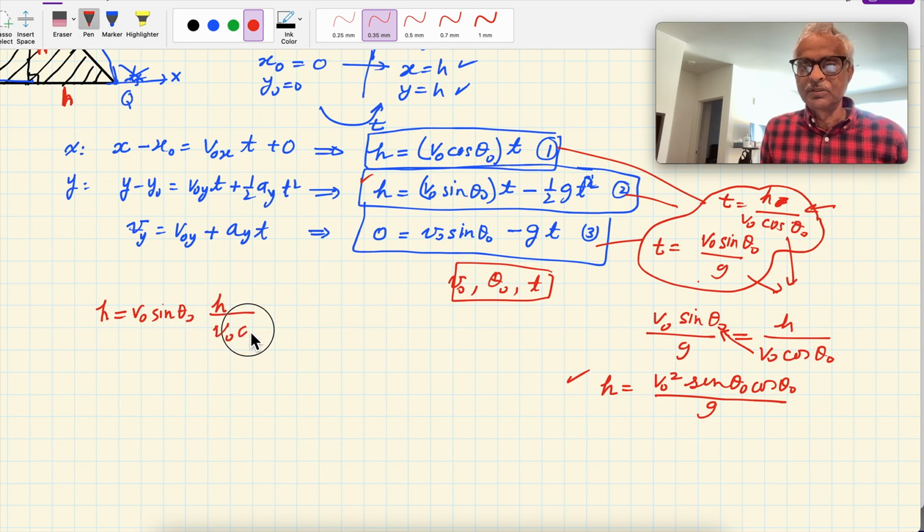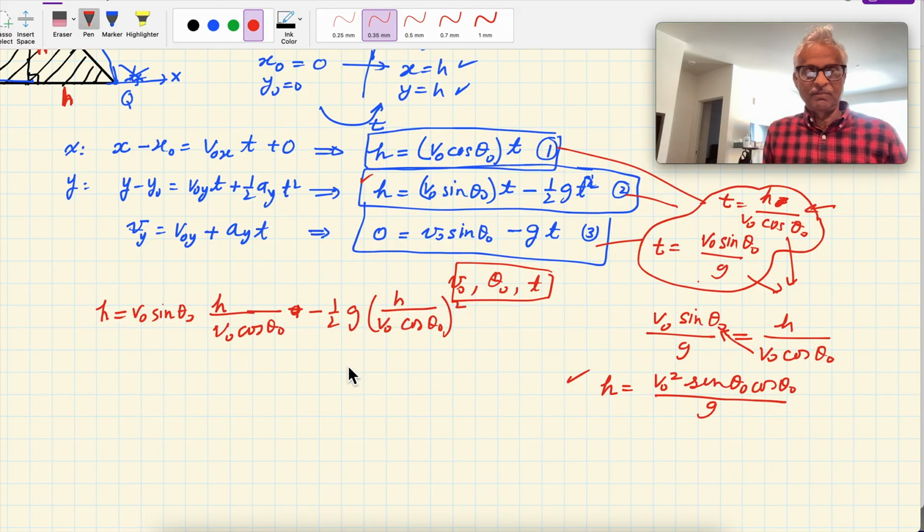V0 cosine theta 0 plus, that's actually minus half g h over v0 cosine theta 0 squared. So the h kind of cancels out from every one of them, and so I might get another relationship here. Okay, so what do we have?